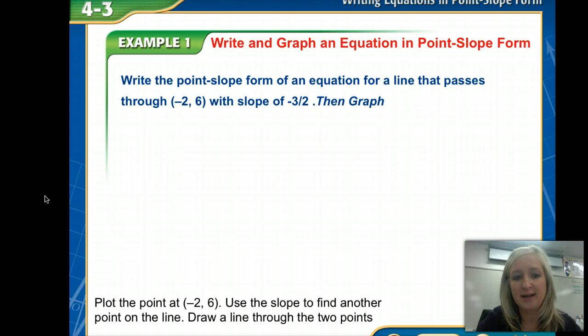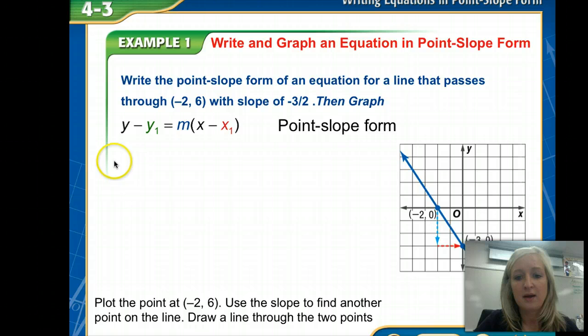So let's get started. Example number 1 is to write and graph an equation in point slope form. They give us a coordinate that the line passes through, with a slope of -3/2, and then we have to graph it. I know my equation, point slope form, is y minus y1 equals m times x minus x1. Right now, I am going to plug in what I know.